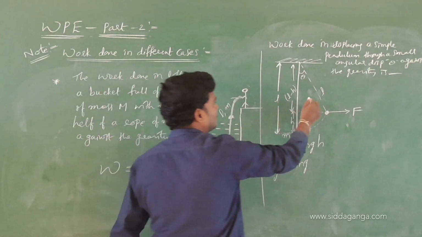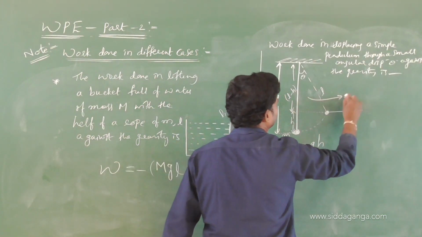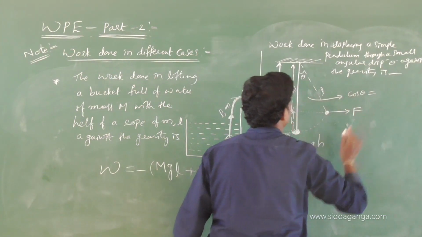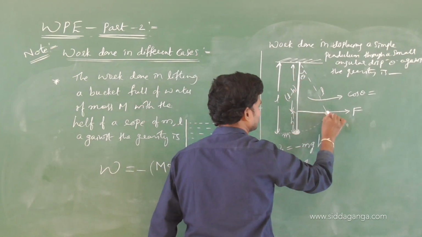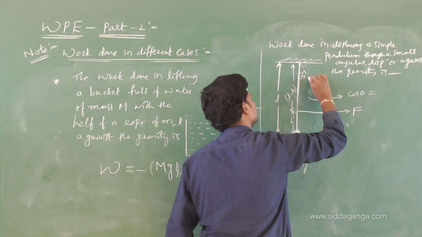From this triangle, tell me the cos theta value. This is the adjacent side, this is the opposite side, and this is the hypotenuse.